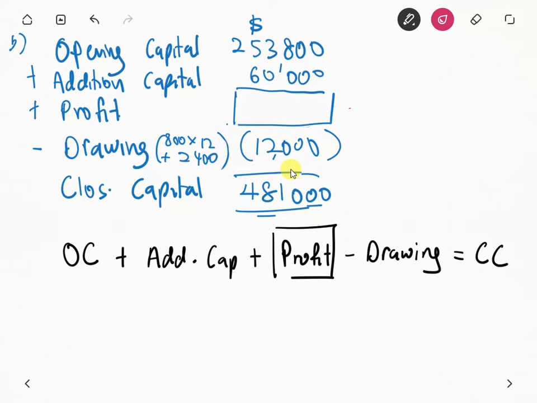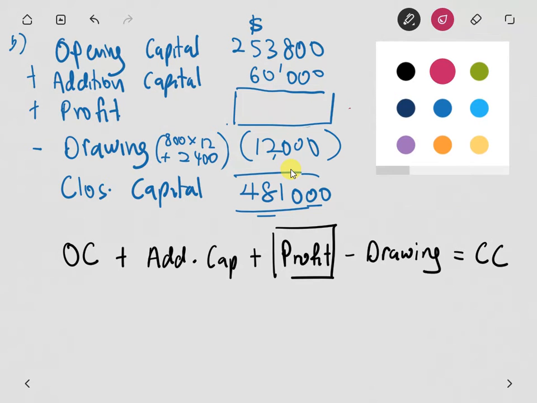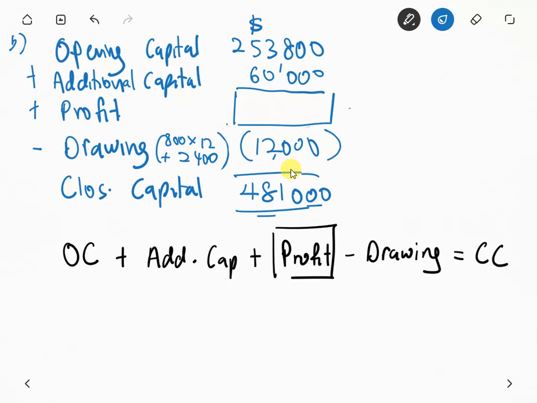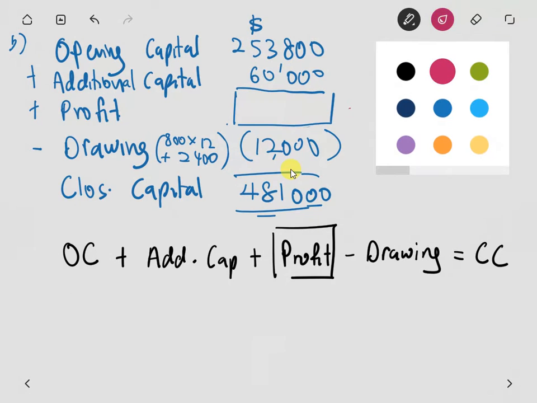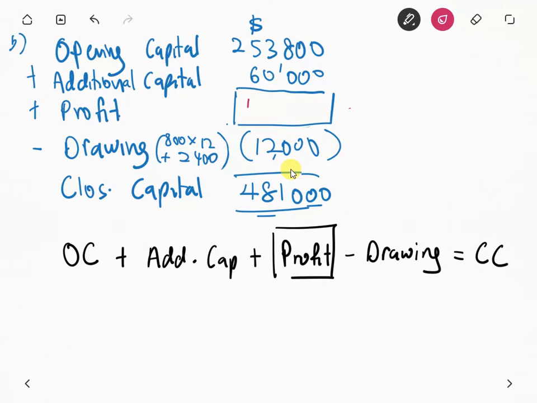Opening plus additional capital. Less drawing. Profit is balancing 179,200. Done.